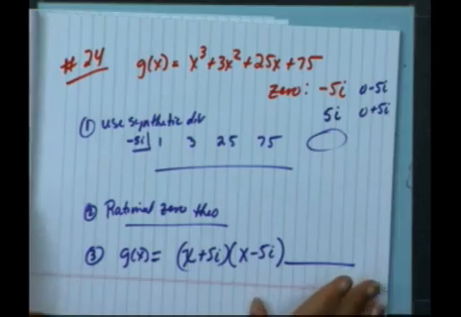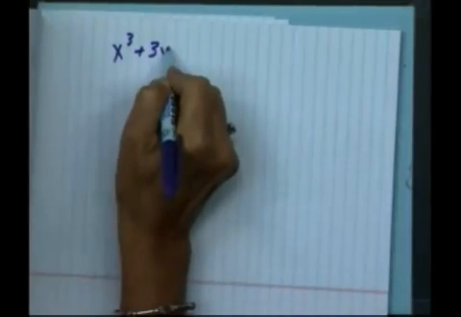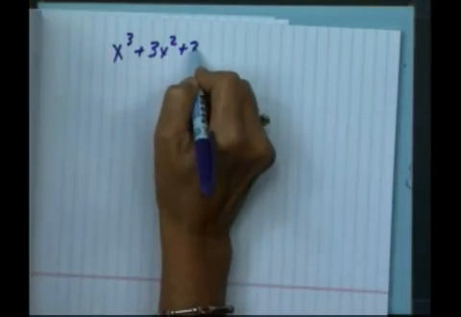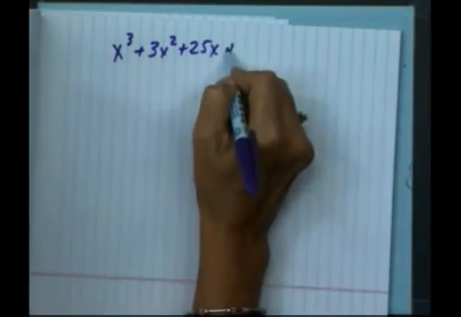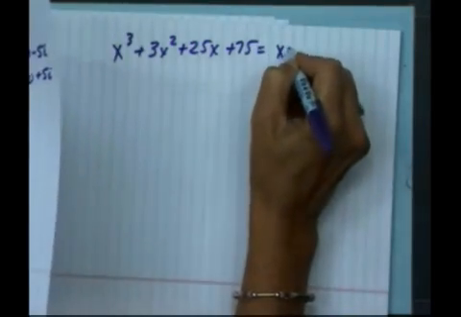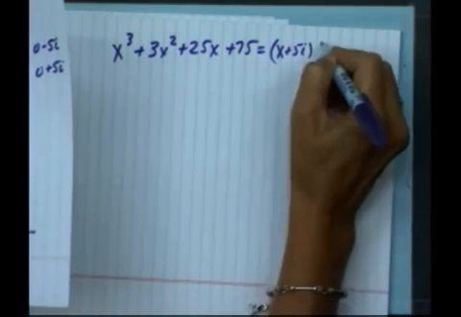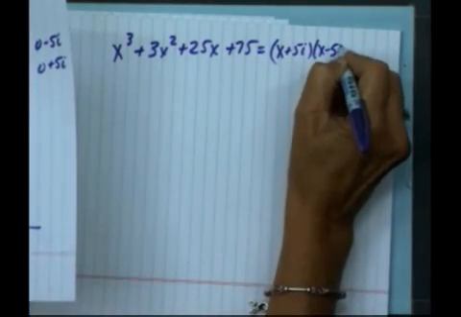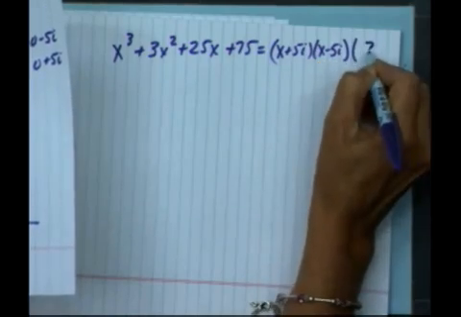Okay, we're hot. We're doing good. Okay, let's write that function g of x. Y'all are doing good, even though I know you're tired. This is equal to, I'm just rewriting it, x plus 5i times x minus 5i times something else here.